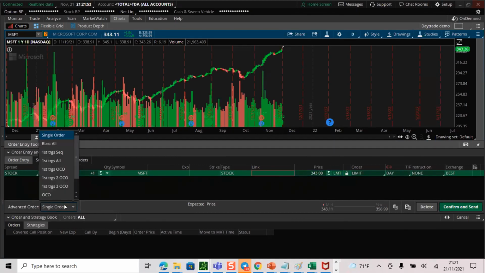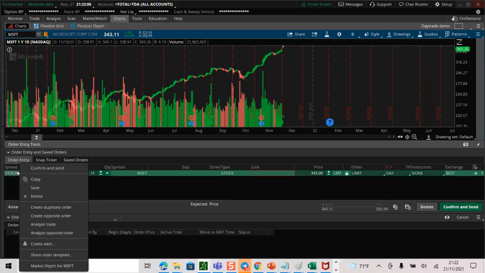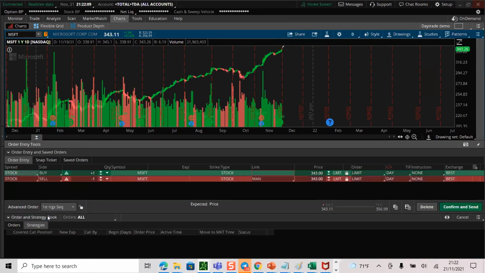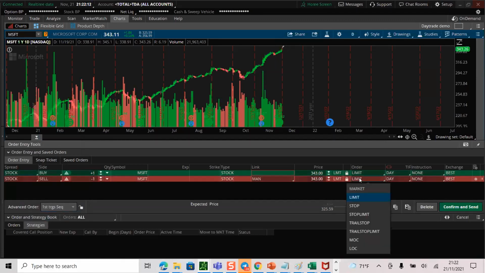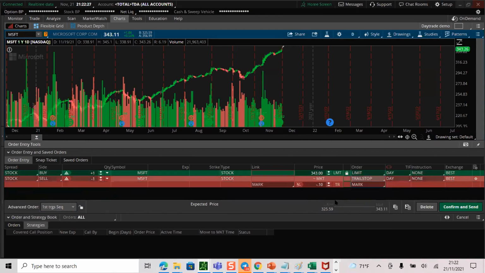In the advanced order you have first trigger sequence. Select the first trigger sequence, right click and create an opposite order. Here, see, we got the sell order. So we got a buy order already, and you got a sell order right here, right? Change this to trailing stop, and for the trailing stop here, just set -$5.